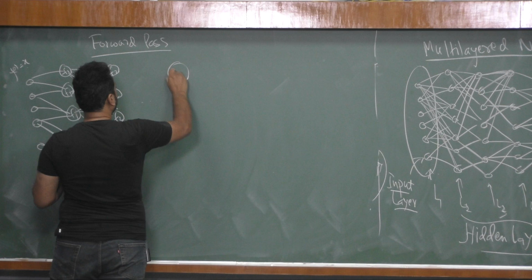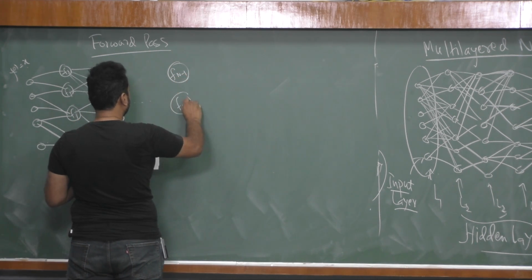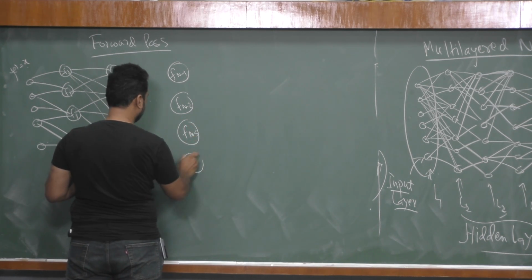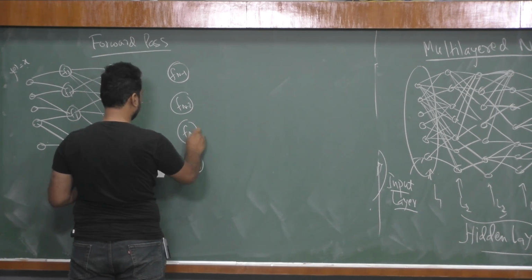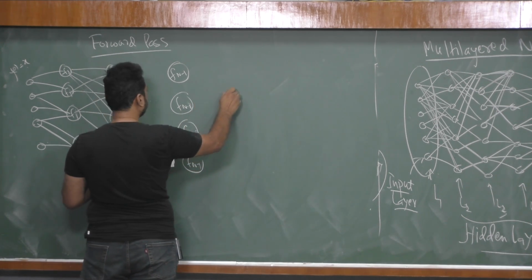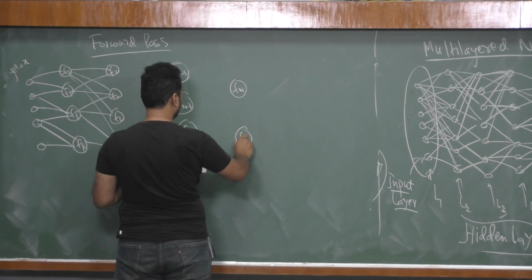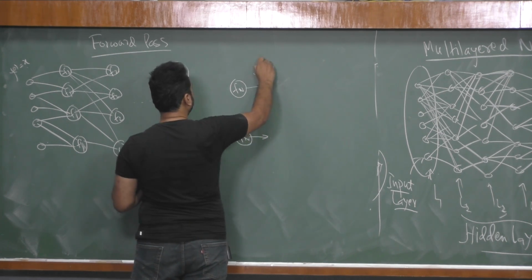And then let us say I have fn minus 1, fn minus 2, fn minus 3, all up to fn minus 1 basically. This is the last layer, and then we have some predictions. Let us say finally fn, and this produces some output, let us say yn.